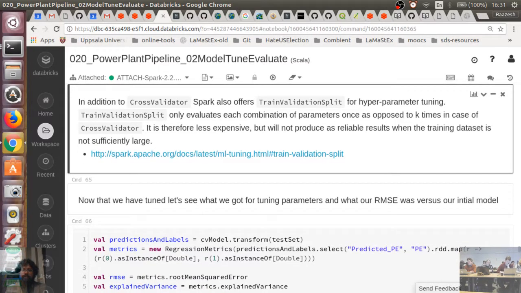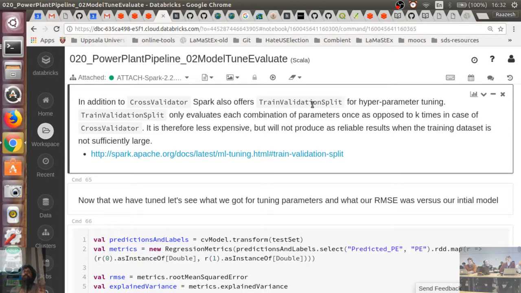I also want to point out that in addition to cross-validators, Spark also offers something called train validation split for hyperparameter tuning. This way of doing hyperparameter tuning only evaluates each combination of parameters once as opposed to k times. This is something we may have to do, because this is a baby data set, so we can take 3-fold cross-validation, but for a very large data set, it's way too expensive to do multiple cross-validations.